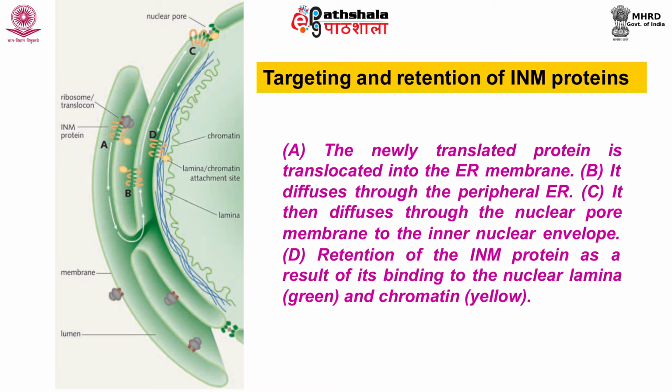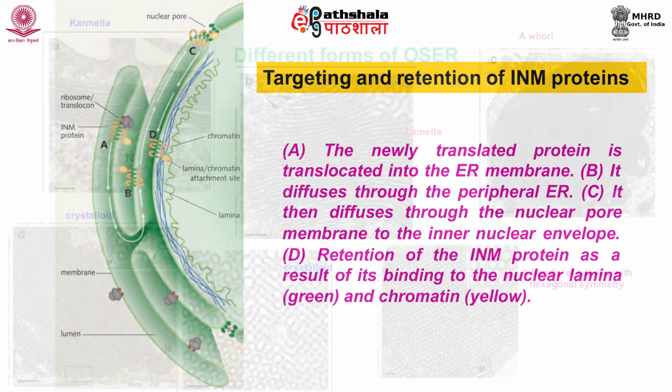Finally, when the proteins arrive in the inner membrane, they get associated with lamins and/or chromatin, and so they are retained. The inner nuclear envelope membrane proteins that bind directly to lamins or chromatin are likely to be responsible for establishing and maintaining nuclear envelope structure.